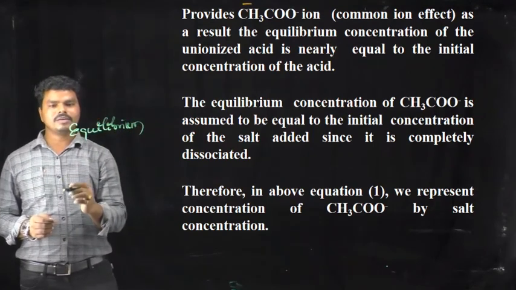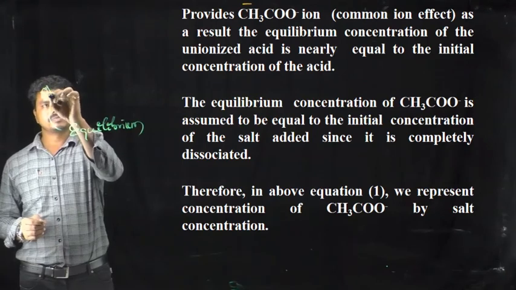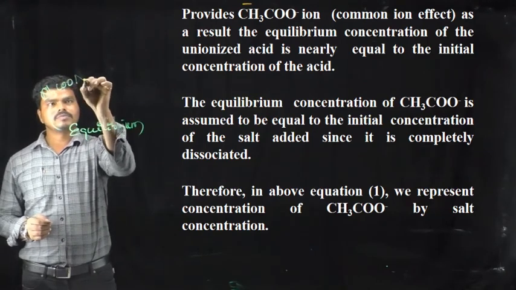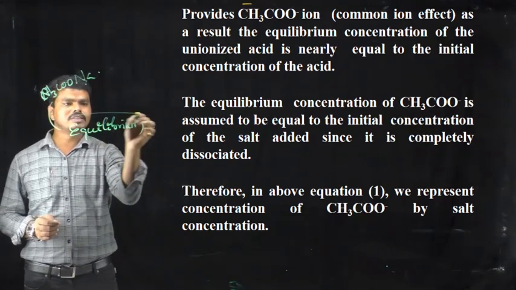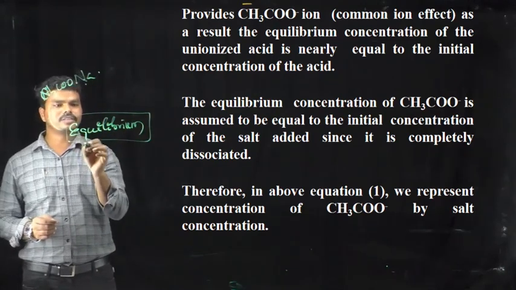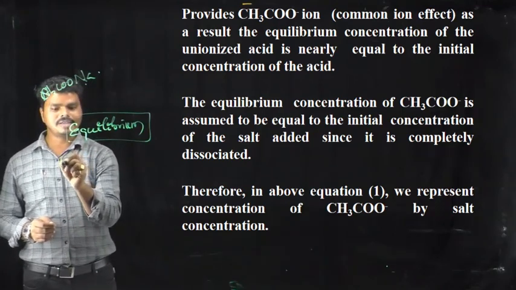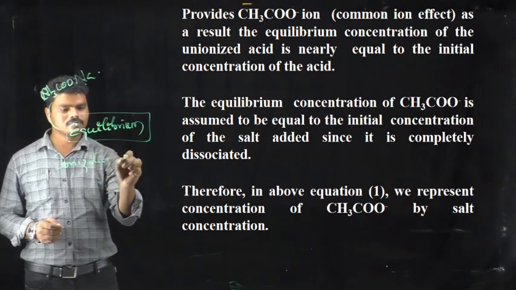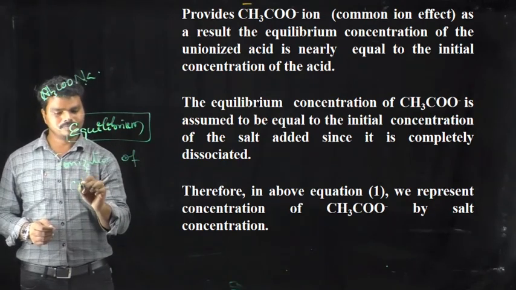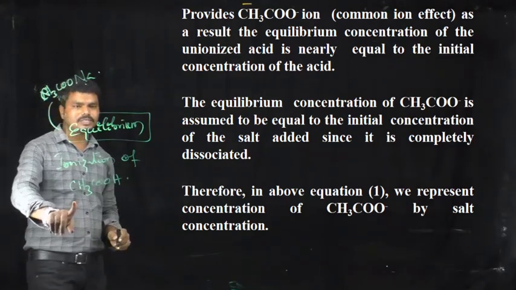The acetate ion produced from the sodium acetate reaches its equilibrium concentration in the solution, and thereby it suppresses the ionization of acetic acid.